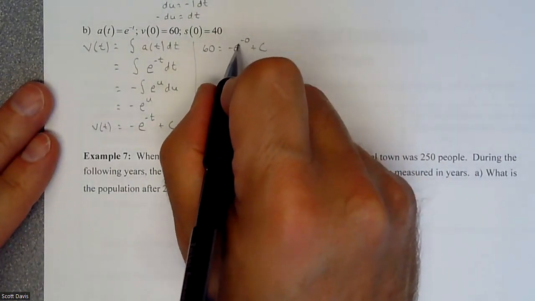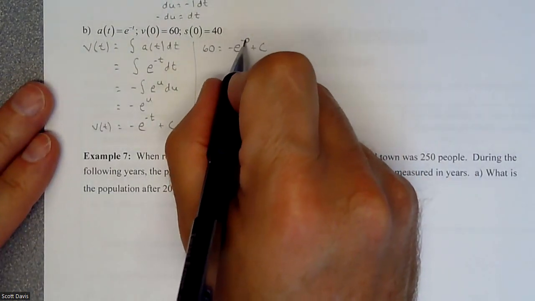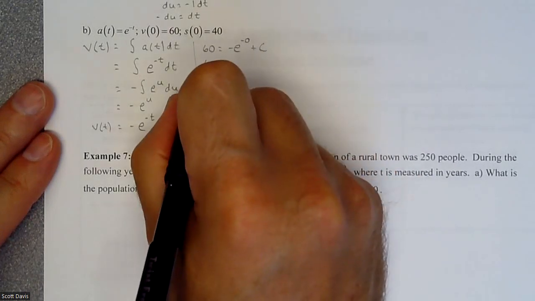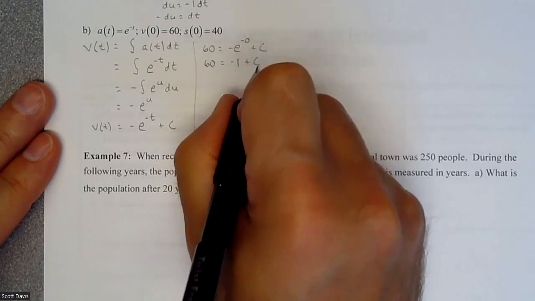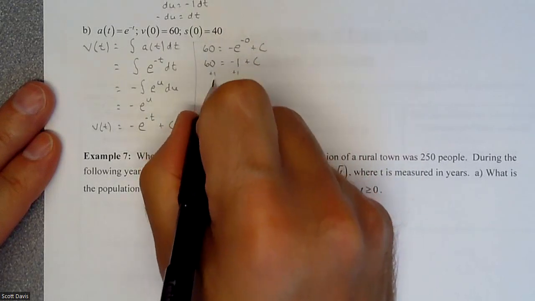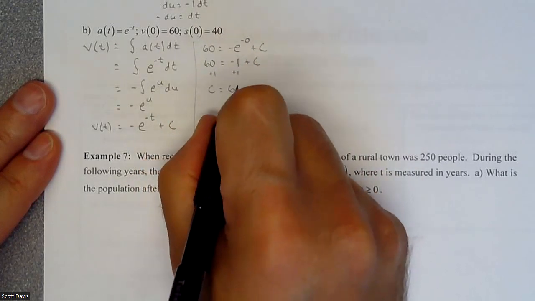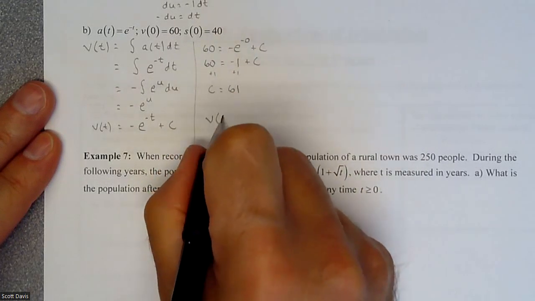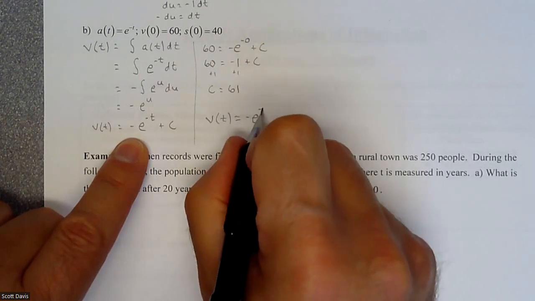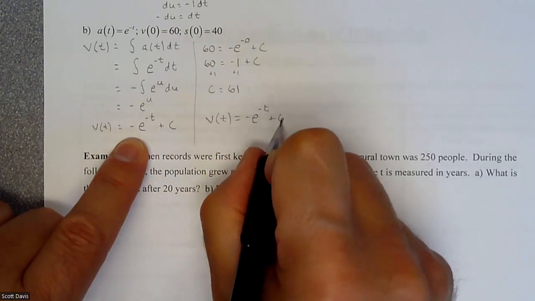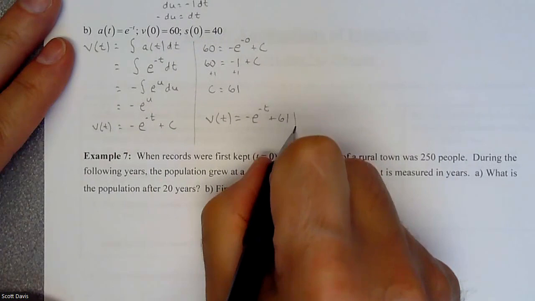Anything to the 0 is 1, so that's going to be 60 equals negative 1 plus c. We'll add the 1 over. So our c value is going to be 61, which means our velocity function is negative e to the negative t plus 61.